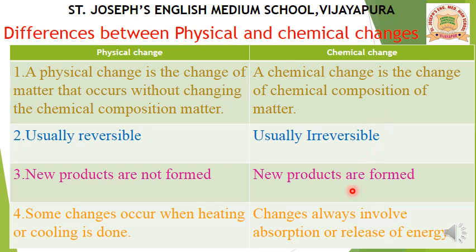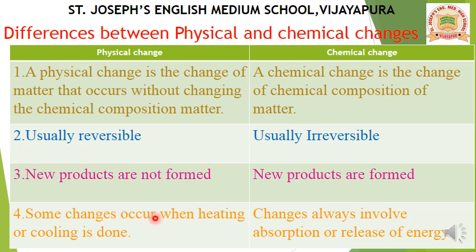The same paper, if I burn it, the chemical composition also changes. Paper turns into ash. That ash is the new substance, a new product formed there along with heat and light. So burning of paper is a chemical change, whereas cutting of paper is a physical change.